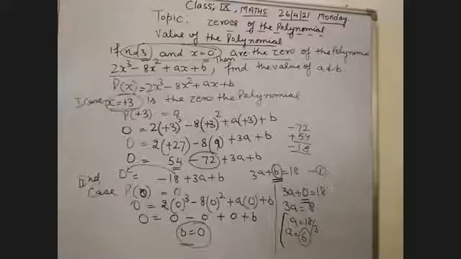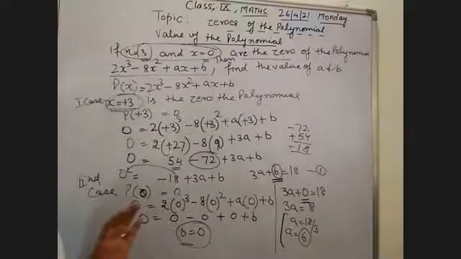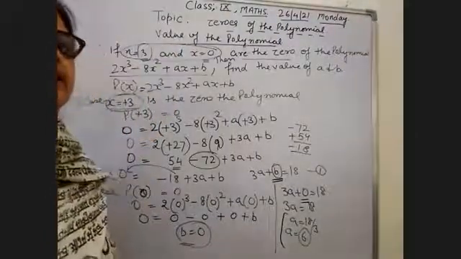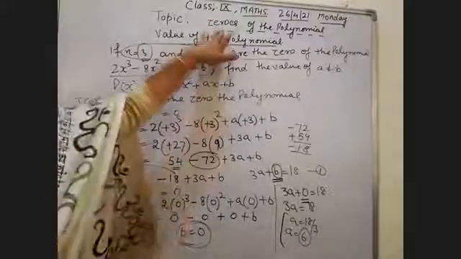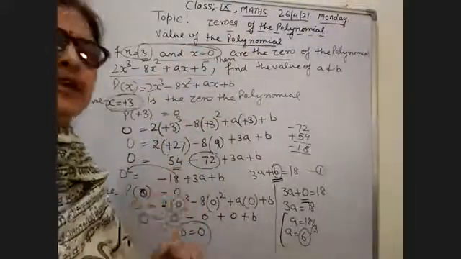Yes, students, if you have any doubt regarding these questions, and you have to complete exercise 2.2 in your notebook also. And today I told you how we find the 0 of the polynomial by putting the variable value.